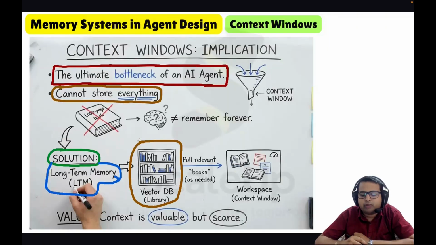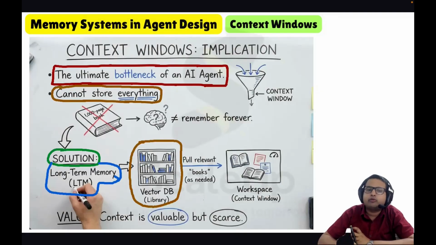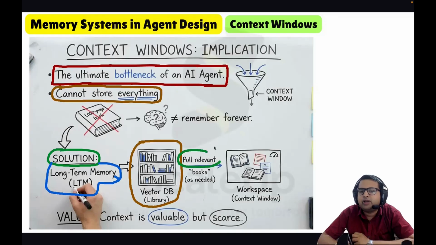It acts like a library where only the relevant books are pulled into the workspace, the context window, as needed. It will remember everything forever, and whatever we need in the context, we can just pull from the long-term memory.